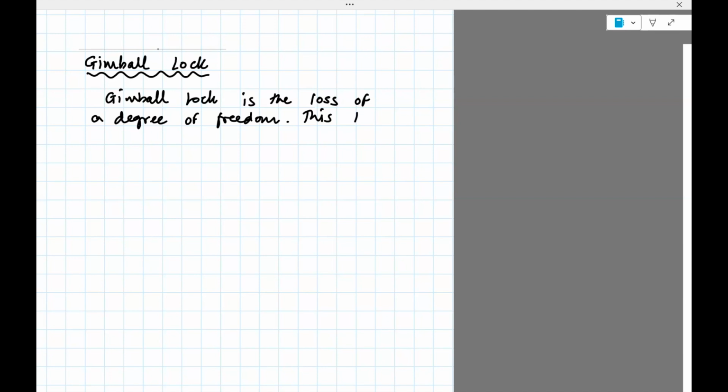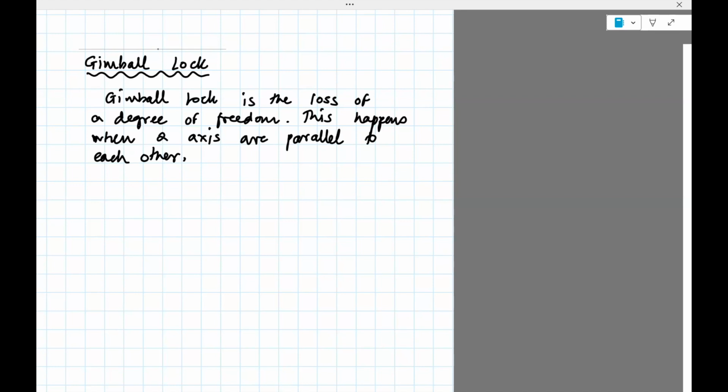This happens when two axes are parallel to each other. Okay, so I will show you visually what happens first, and then I'll show you mathematically what happens.